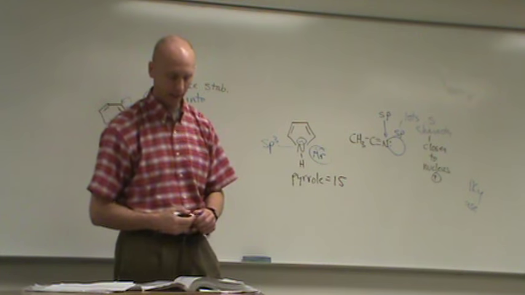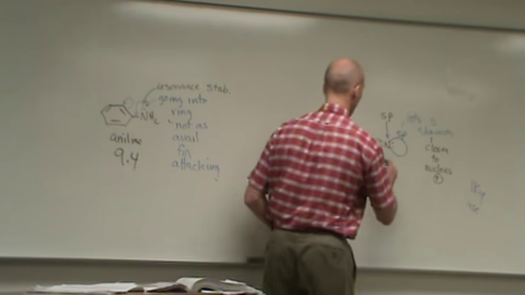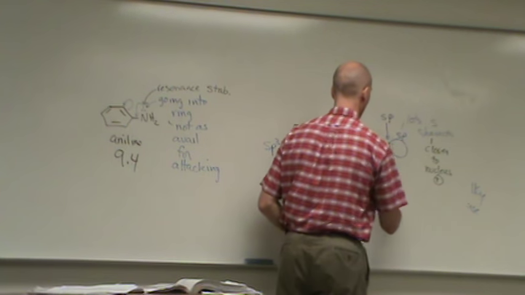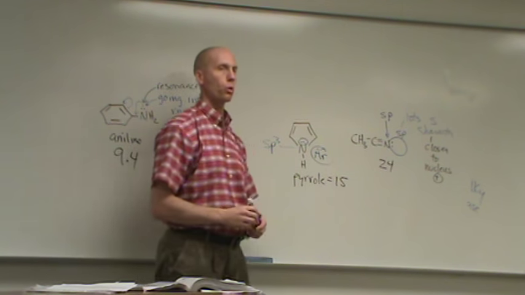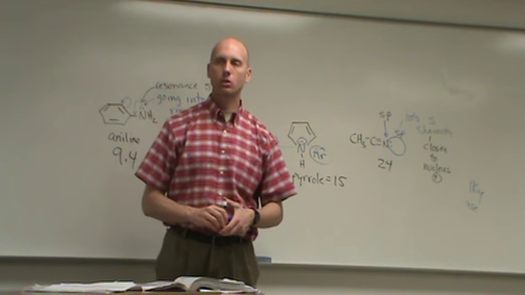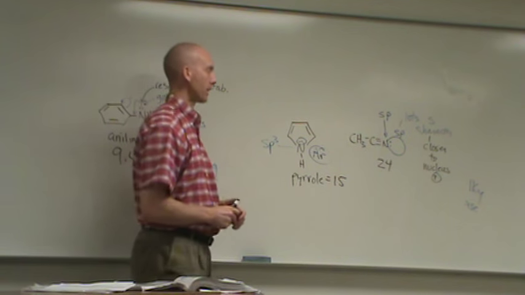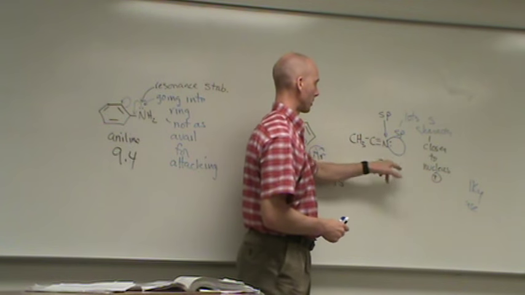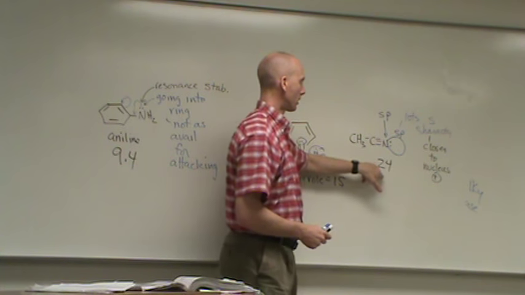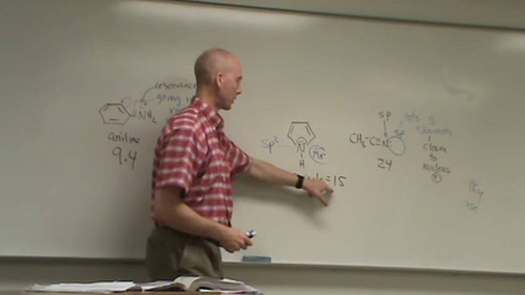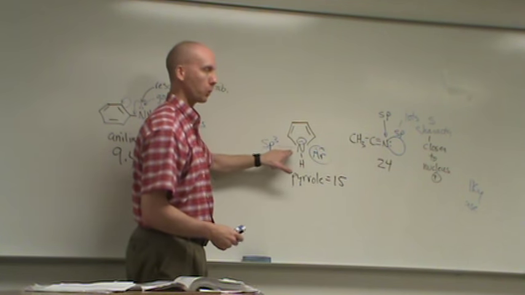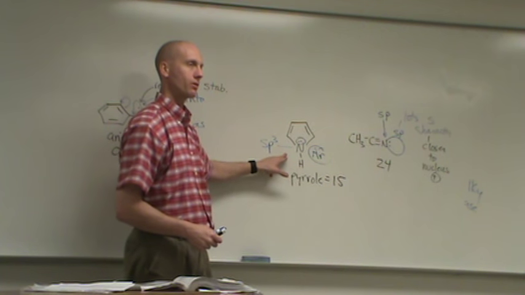Make it much higher. Okay. Takes it up to 24. So if I have an sp lone pair on nitrogen, it's an even weaker base than this aromatic lone pair. Interesting.